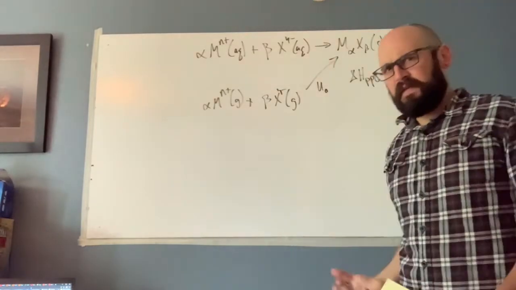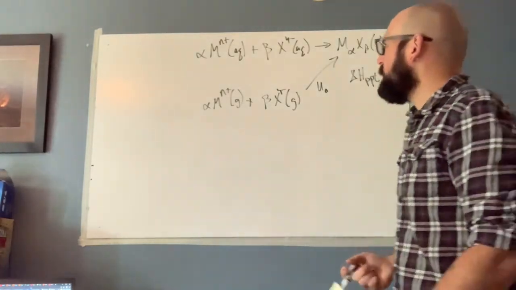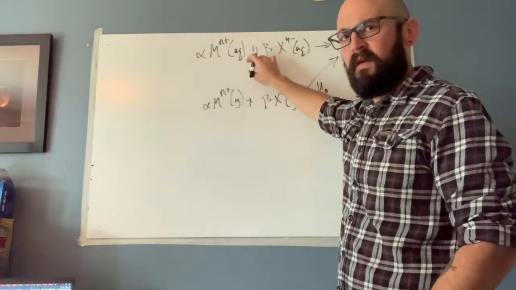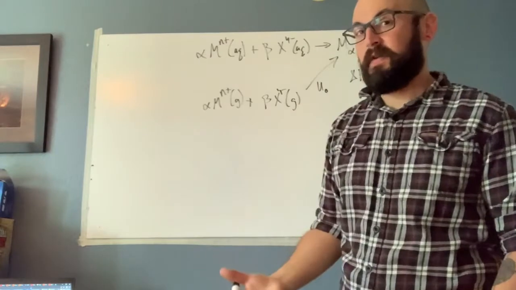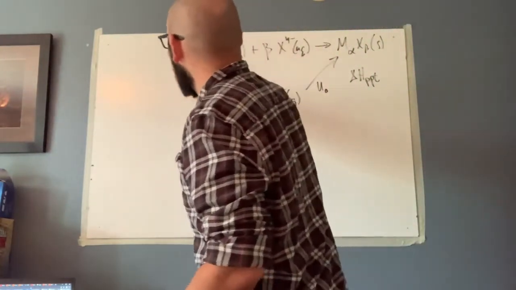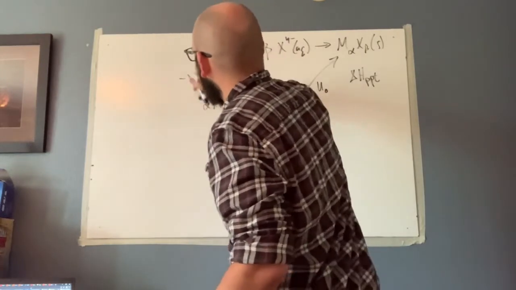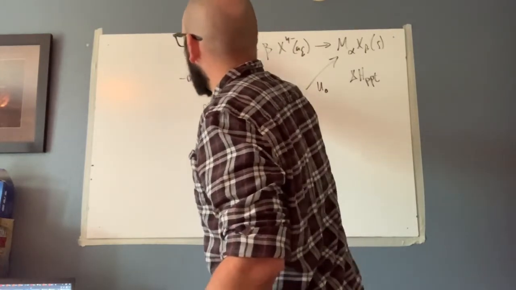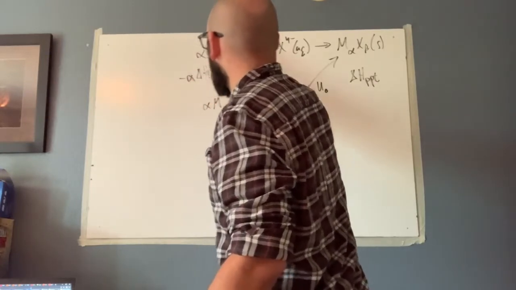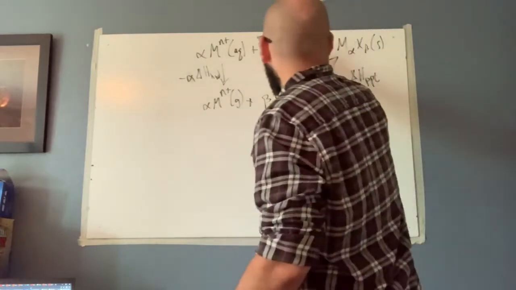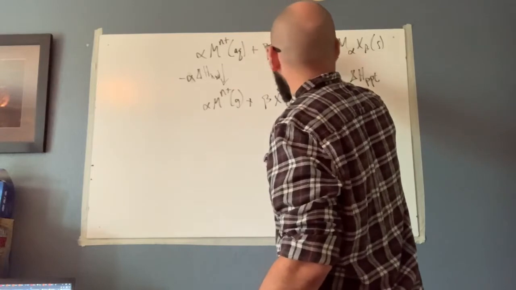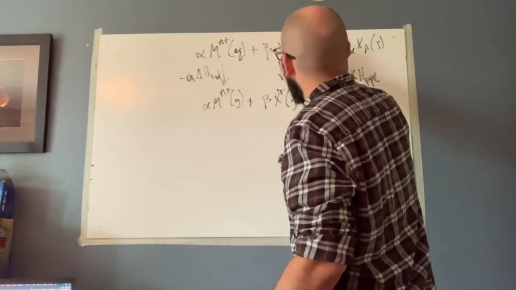Well, finishing up this cycle really isn't that difficult, because we know that going from the gas phase to the aqueous phase for a particular ion is just the enthalpy of hydration. So the reverse of that is necessarily the negative enthalpy of hydration, and it's going to be negative alpha times delta H of hydration for this particular ion. And then for our X, we have negative beta times enthalpy of hydration for this particular ion.